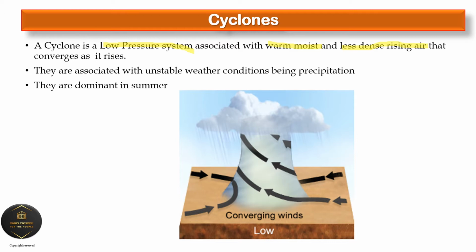Cyclones are low pressure systems associated with warm, moist air. Remember, one of the rules we've discussed said that warm air is mostly moist. And we also looked at the relationship between density and temperature. Since the air is warm and moist, it becomes less dense. And because it's less dense or less heavy, it is always going to rise.